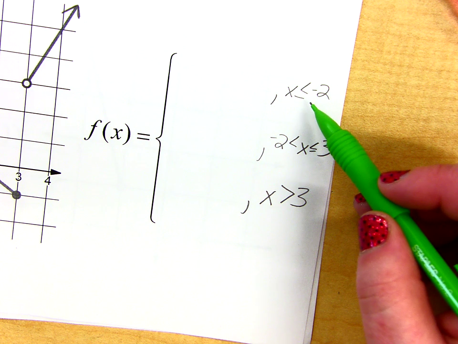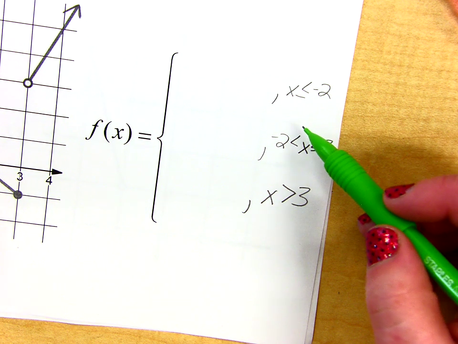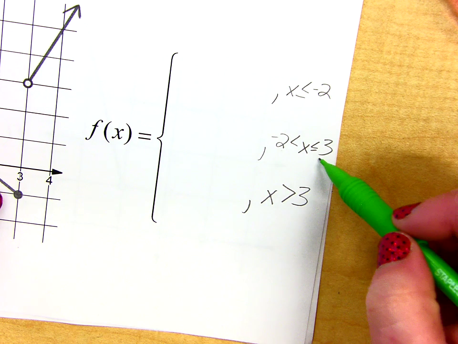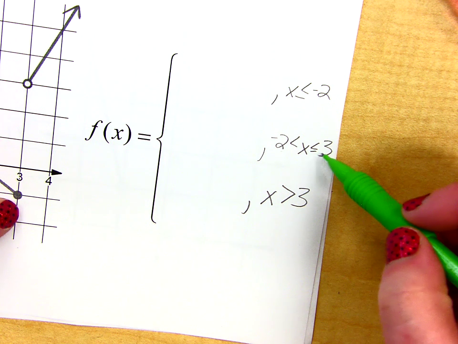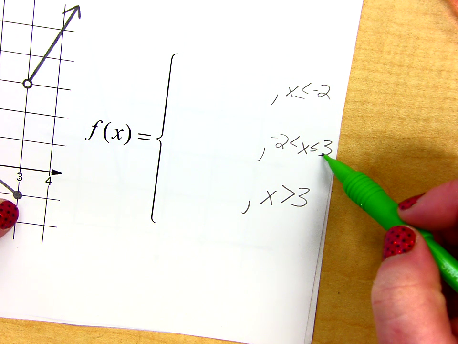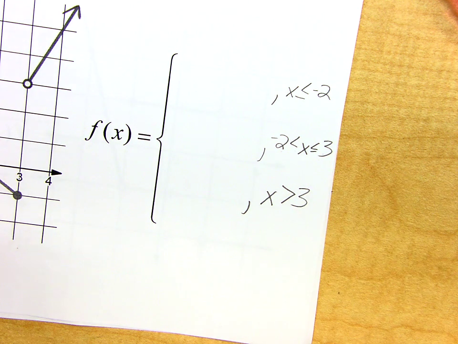That's only existing when x is less than or equal to -2. Yep, so I want the bar underneath. This one's going to be between -2 and +3, but I'm open on -2, so I don't have the bar. Closed on 3, so I do have the bar. And then this last one only exists when x is greater than 3. Okay, perfect. So there's our boundaries.